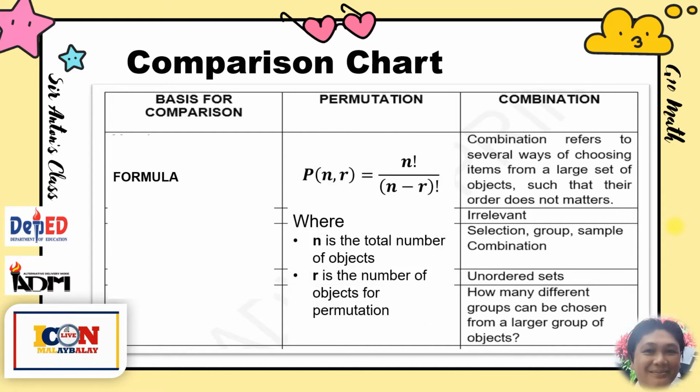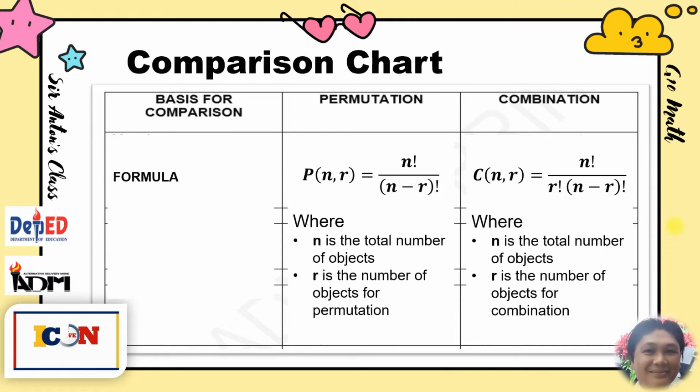For permutation, the permutation of n objects taken r at a time is given by n factorial divided by the quantity of n minus r factorial. For combination, the combination of n objects taken r at a time equals n factorial divided by r factorial times the quantity of n minus r factorial, where n is the total number of objects and r is the number of objects taken for permutation and for combination.